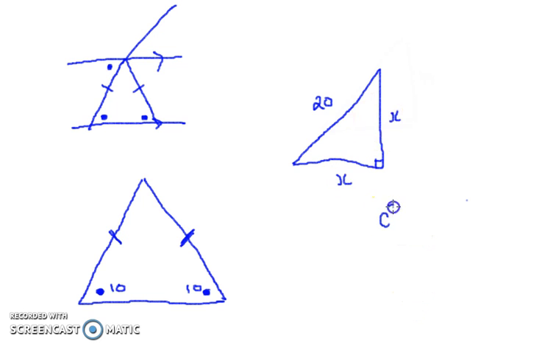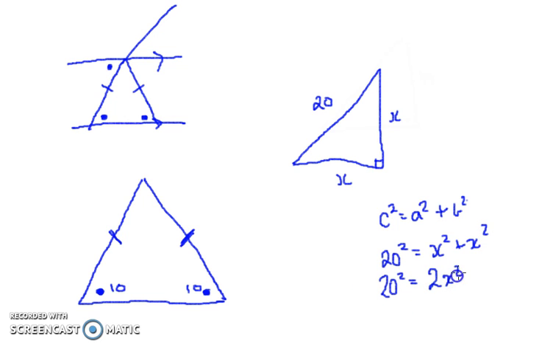This would look something along the lines of c squared is a squared plus b squared. 20 squared equals x squared plus x squared. 20 squared would equal 2x squared, and so on until we solve for it. So joining these x values together, you can do that to solve for the x values.